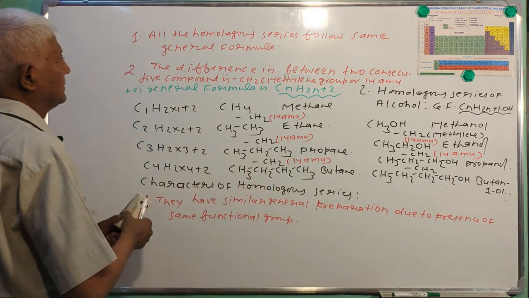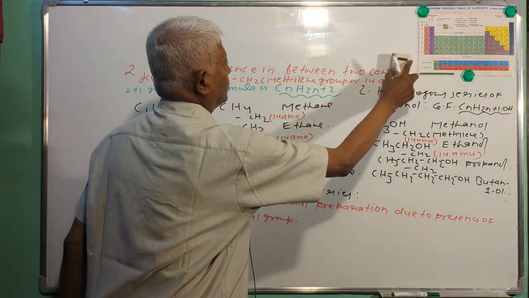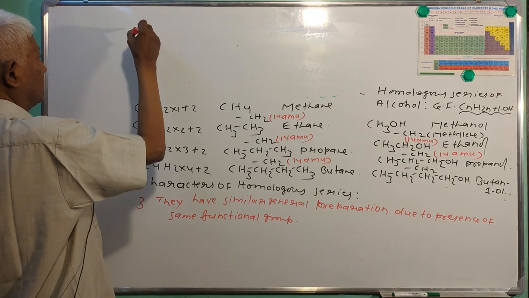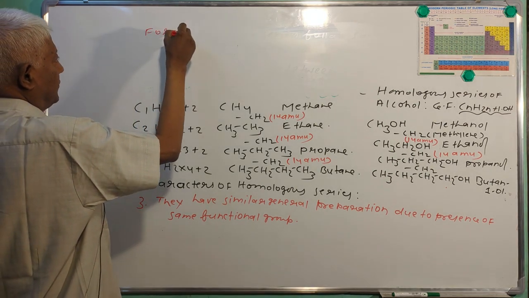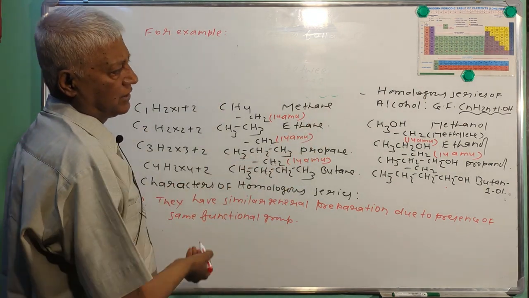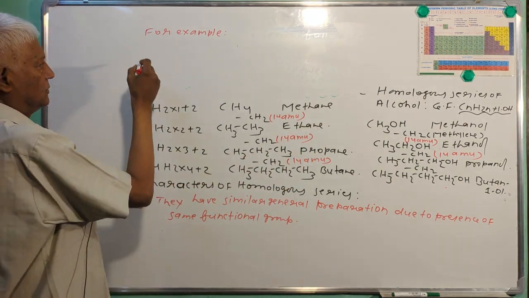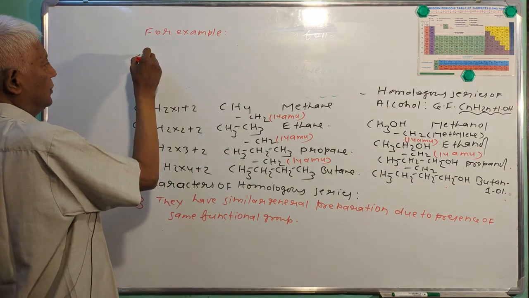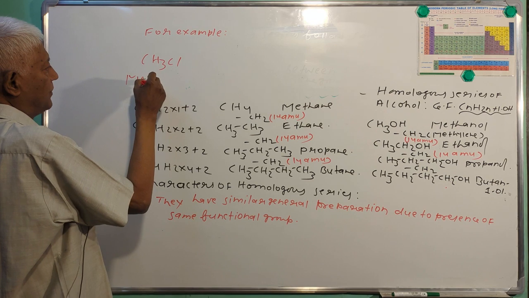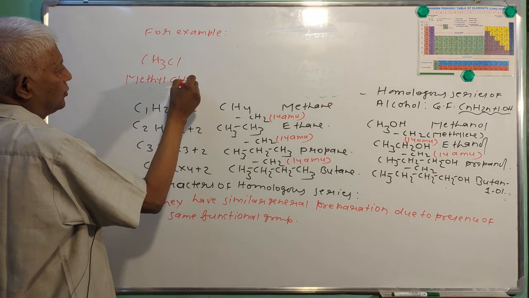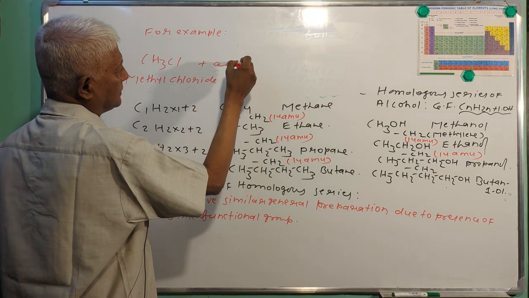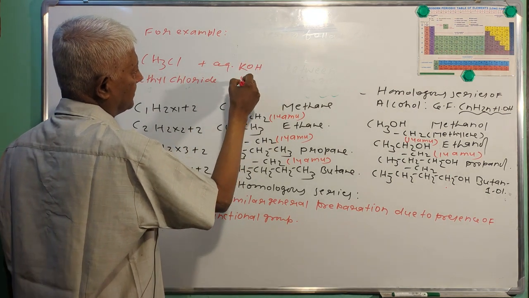For example, suppose you talk about alcohol. Suppose methyl alcohol. When CH3Cl, what is the name of this compound? Methyl chloride. When this is treated with aqueous KOH solution.